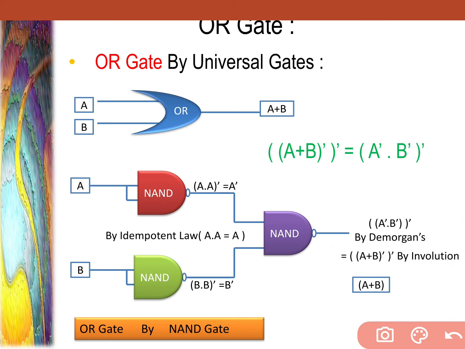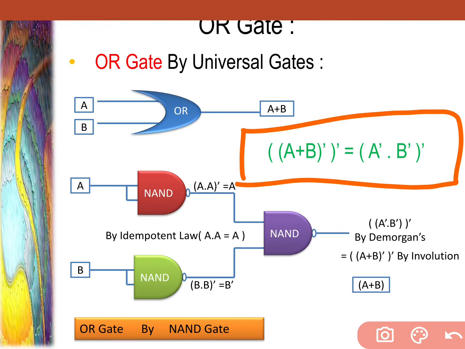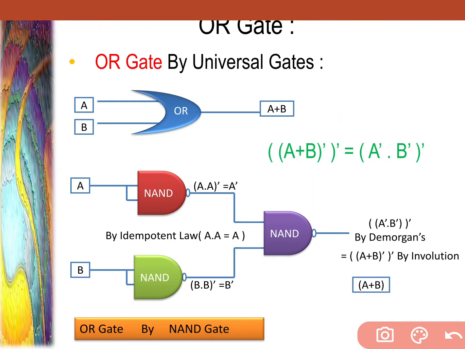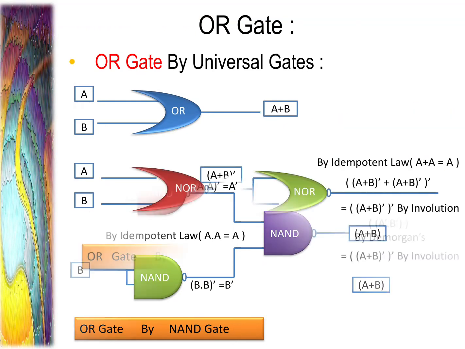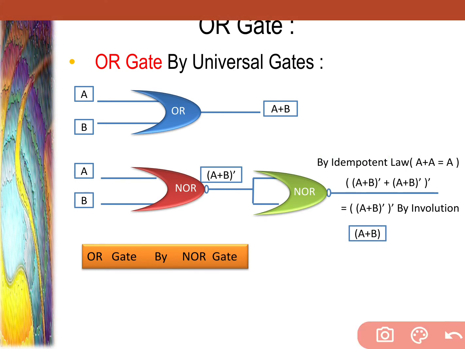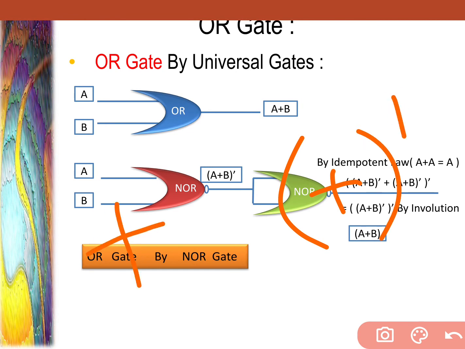We had created OR with NAND by using a simple trick. You have to remember that trick. And see what happened next. OR gate by NOR gate. NOR always provides us plus with dash and OR provides us only plus. We have to remove that dash.